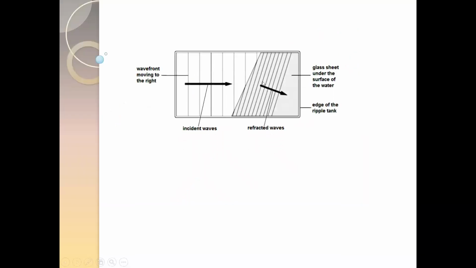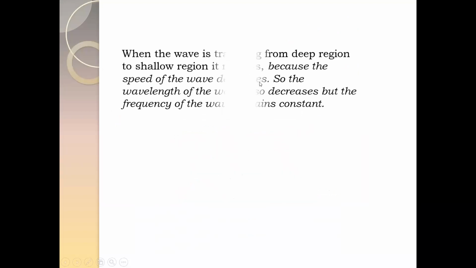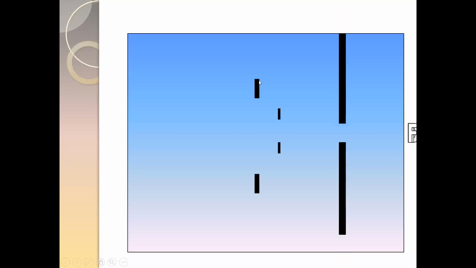So as the wave travels from one medium to another, it changes the speed and wavelength, but the frequency remains unchanged. Then the third property is known as diffraction.